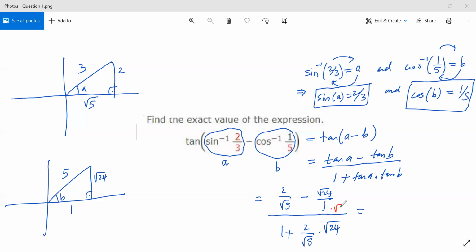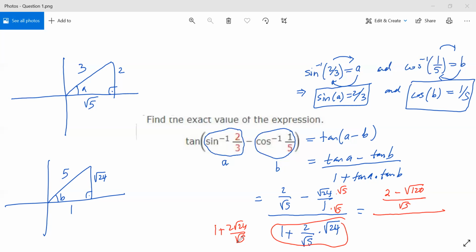Find a common denominator, so multiply top and bottom by √5 here. This will be 2 minus √5 times √24, that's √120, over √5, divided by, and this one here is 1 plus 2√24 over √5.